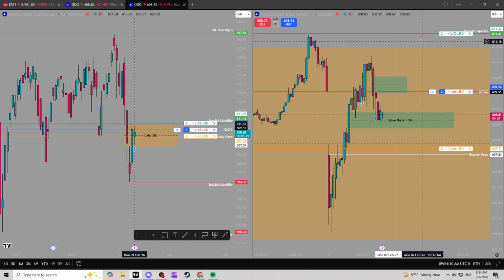I like how price is reacting at the midline of that BISI. What is our silver bullet fair value gap? We're going to liquidity. Okay.